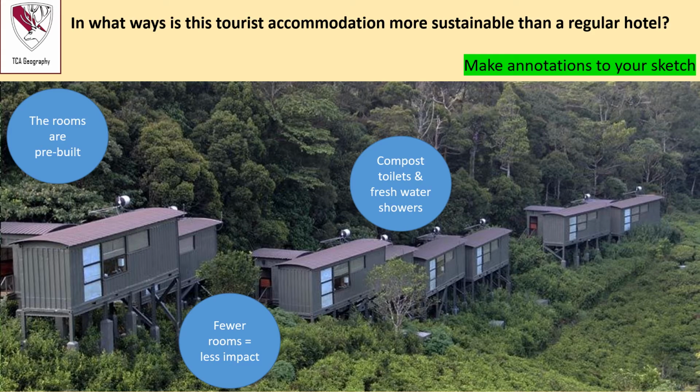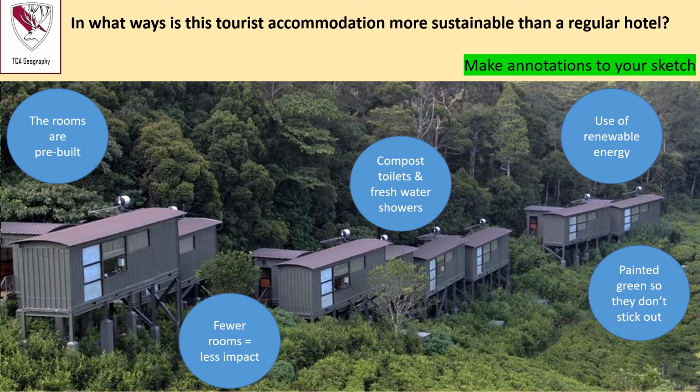The toilets are composting toilets, which means that the waste is allowed to rot down naturally and return nutrients to the soil, and the showers use the fresh rainwater. They have solar panels on the top, which is making use of renewable energy.